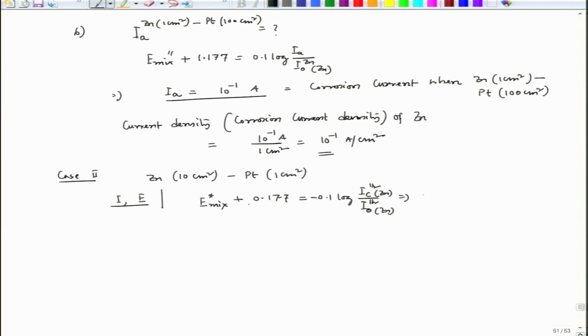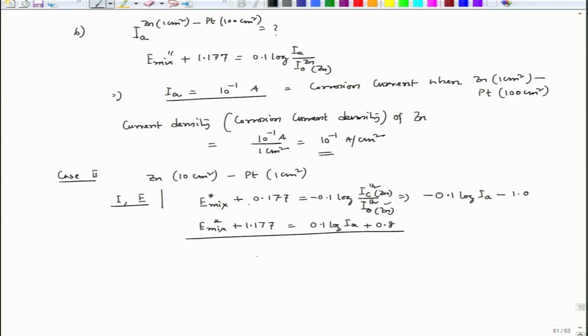So, I can replace it with IA, log IA, and this one I know, 10 to the 10. So, this becomes 0.1, and correspondingly E mix star plus 1.177 equal to 0.1 log IA, and this becomes plus 0.8.